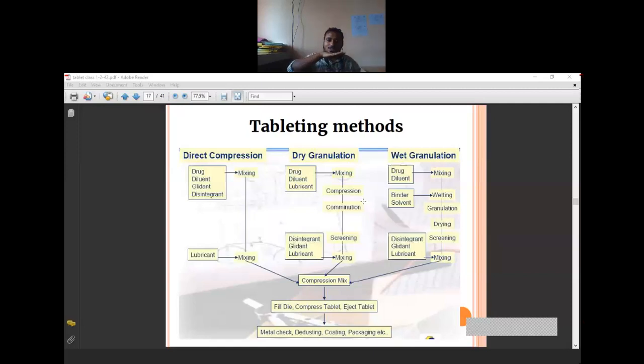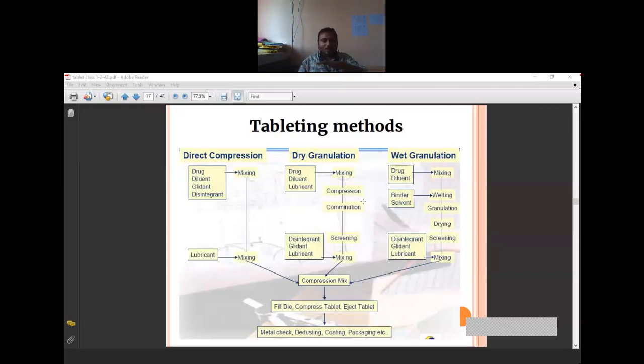Screening means you make the particle size uniform, by milling and screening. Milling means we make the granules small. After proper binding, it forms lumps, both bigger lumps. Then we mill it, which means we grind it.